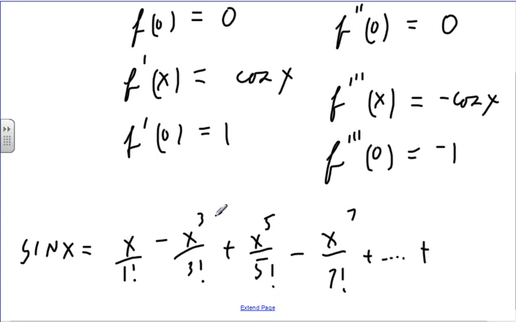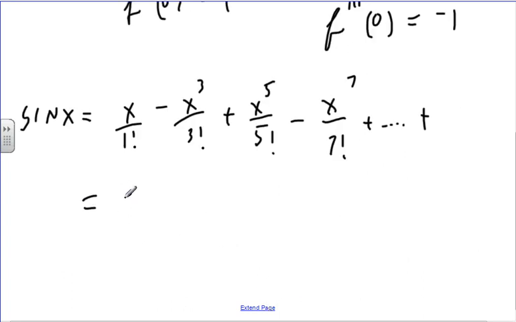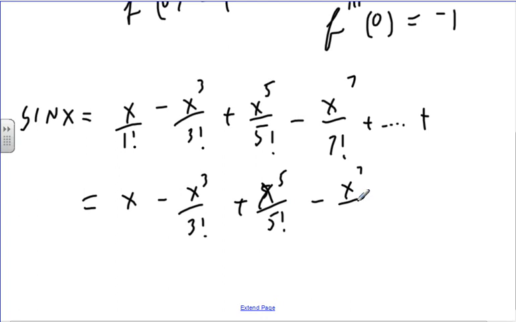So I only have odd exponents of x because the even guys are 0, and that's what it would look like. So I would write that as sine x is equal to x minus x cubed over 3 factorial plus x to the 5th over 5 factorial minus x to the 7th over 7 factorial plus x to the 9th over 9 factorial, minus x to the 11th over 11 factorial.